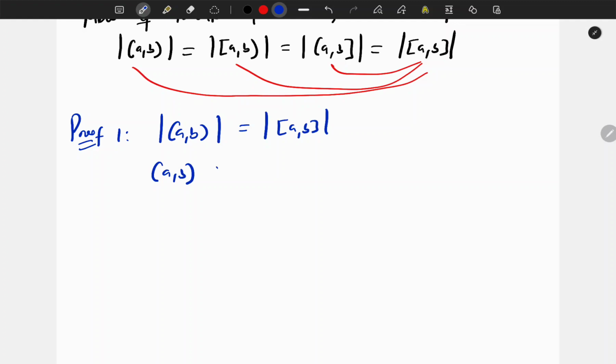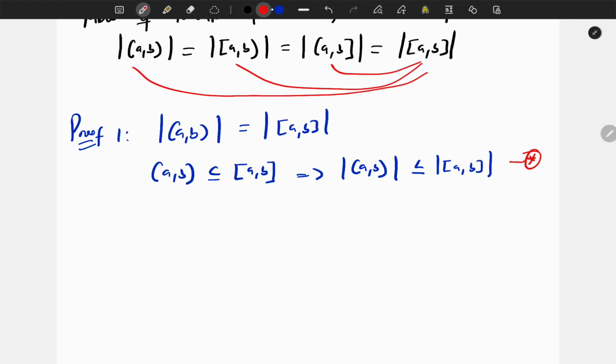So that means this should be a subset of [a,b]. And that implies by outer measure that the outer measure of (a,b) is at most the outer measure of [a,b], and that holds. So that is the first direction.